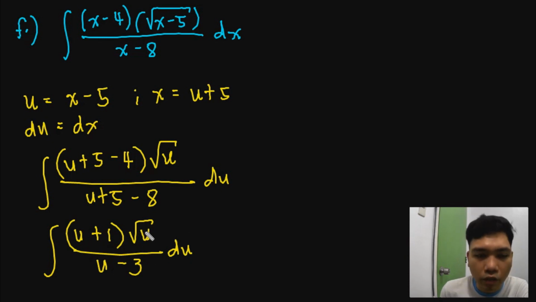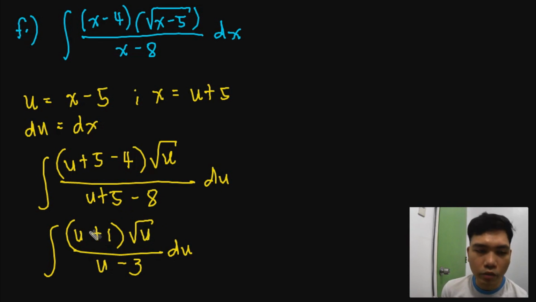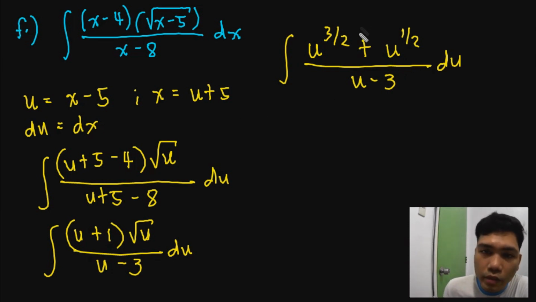Can you integrate this in a way that it has a fitting integrand? Now, if we try distributing this square root of u in the numerator, we can do something like the integral of u raised to 3 halves plus u raised to 1 half divided by u minus 3 du. Knowing this final expression, we can dissect this.